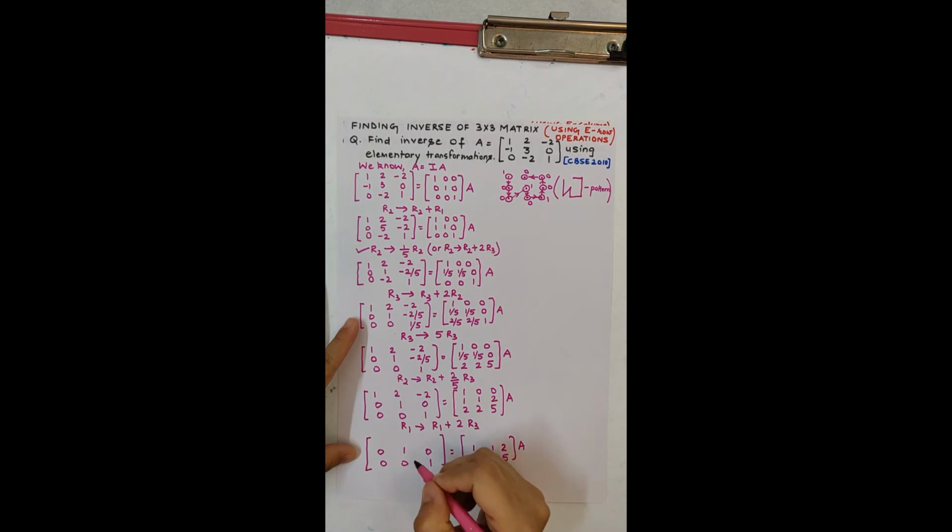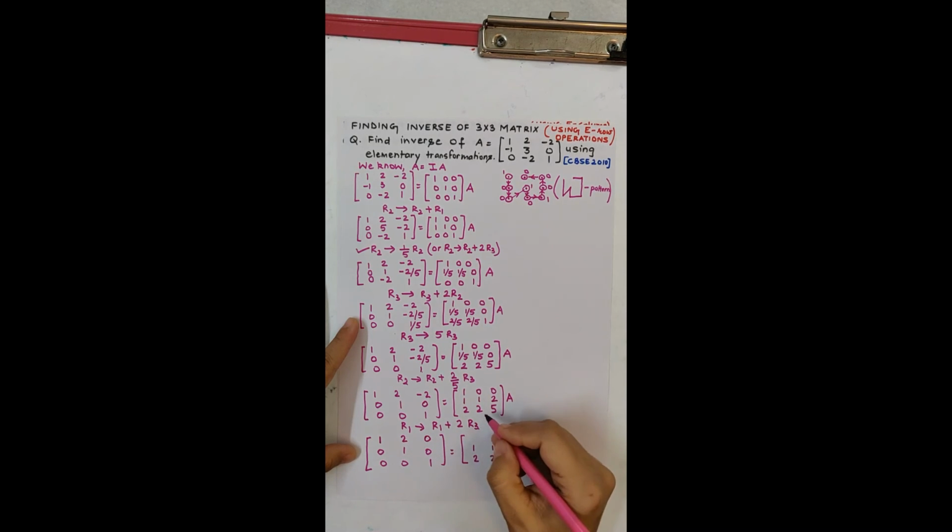So R1 goes to R1 plus twice R3. 1 plus 2 times 0, that's 1. 2 plus 2 times 0, that's 2, and minus 2 plus 2, that's 0. Here on the right hand side it's 1 plus 4, that's 5, then 0 plus 4, that's 4, and then 0 plus 10, that's 10.